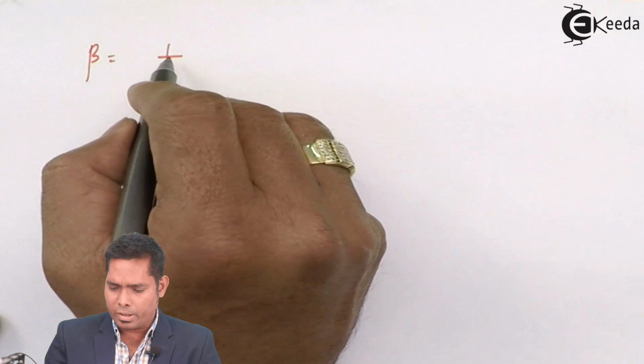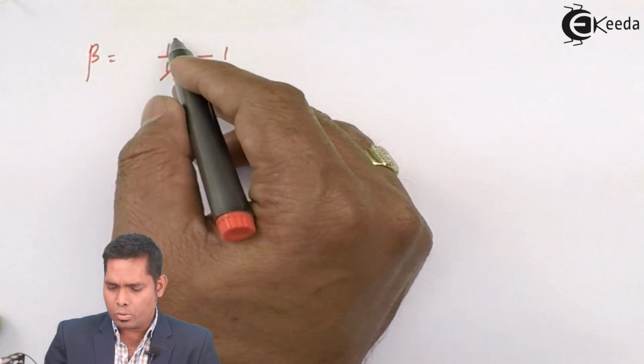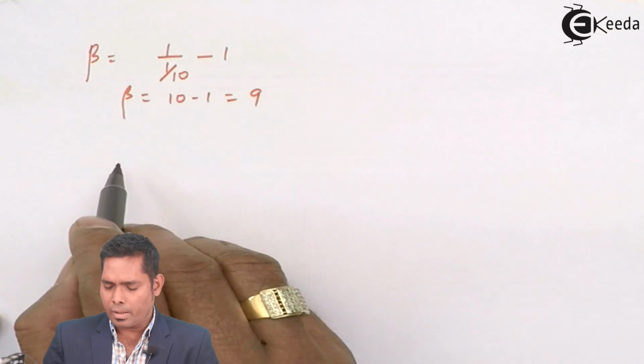So this is how I'll get it. I'll write that beta is 1 over eta minus 1. Eta is 1 divided by 10, so this is 10 minus 1. This is 9. So beta comes out to be 9.